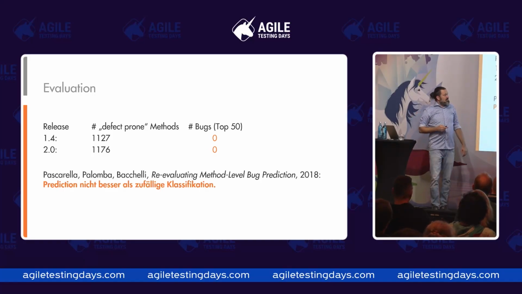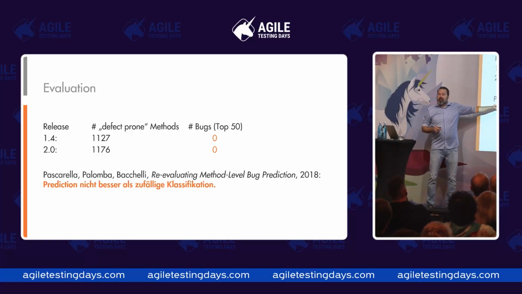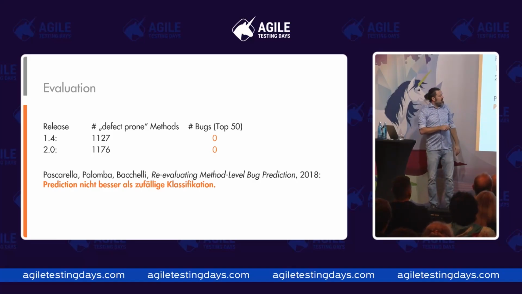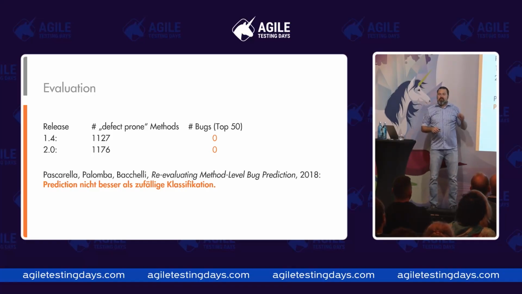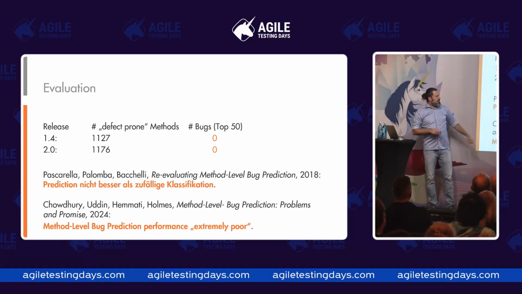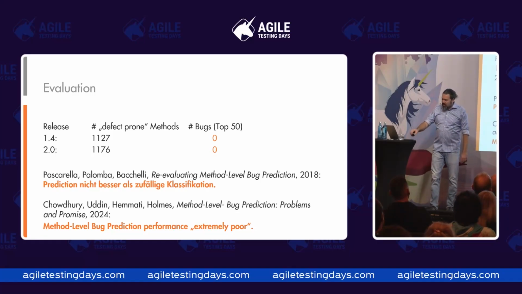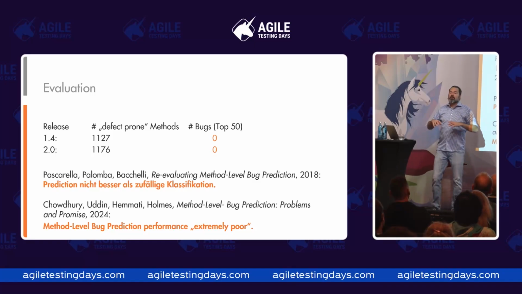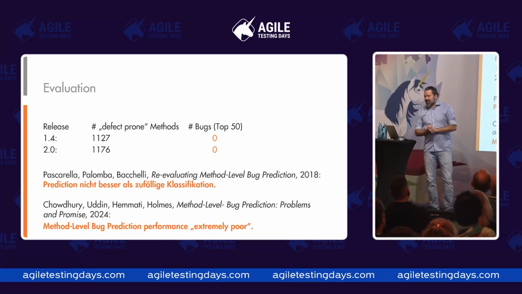And to our defense, there are other scientists who have done the same thing. Bacchelli and his colleagues showed that defect prediction is not better than random classification. And this year, Reed Holmes and his colleague showed that method-level bug prediction is extremely poor, or to put it more positively, they said it's an open research problem, which means that we don't know how it works at all.